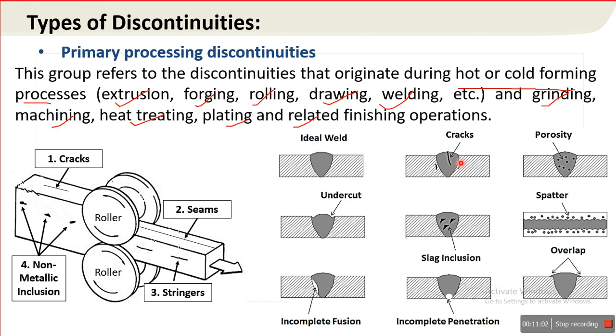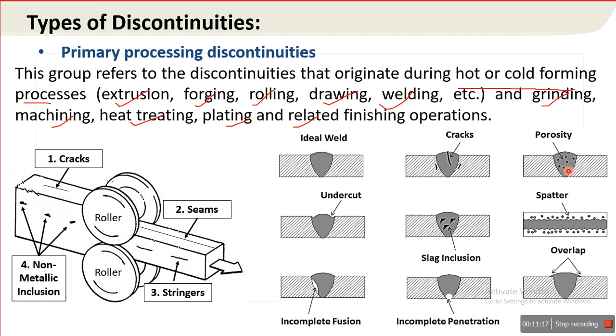Suppose due to the thermal reactions, extreme fast cooling of that weld is there, then this crack is generated inside this welding.